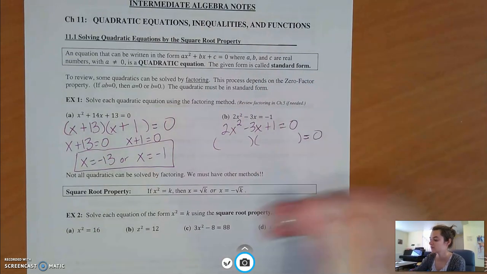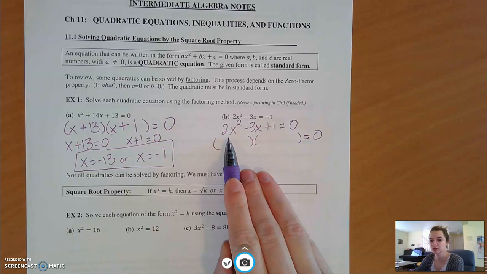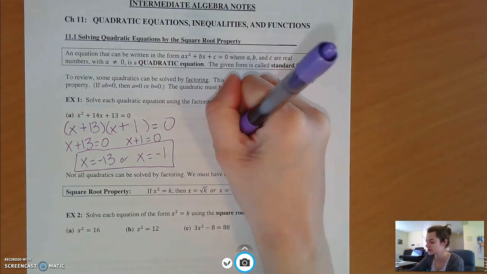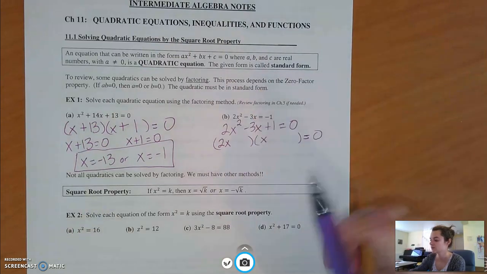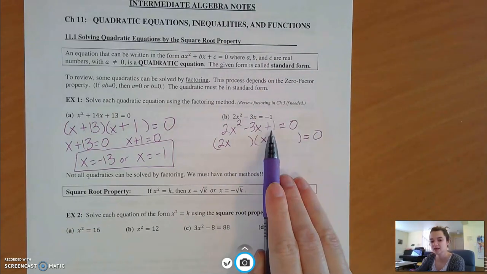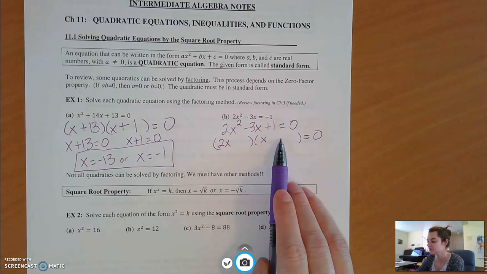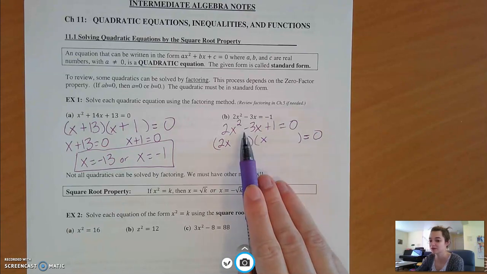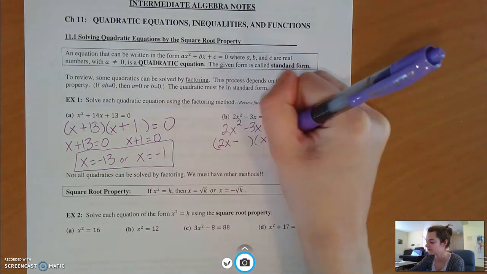Okay. So the first times the first should equal 2x squared. So really my best option there would be 2x and 1x. The last times the last should multiply to give me positive 1, which means that my signs are going to be the same. Looking at the middle term, my signs are both going to be negative.